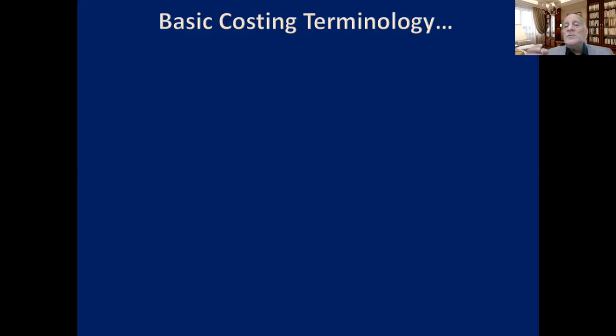Costs can be accumulated by tracing costs to a specific product or service, or by accumulating costs at the department level and then allocating these costs from the departments to the products or service. The first type is called job costing, and the latter type is called process costing. So we have two main costing systems.